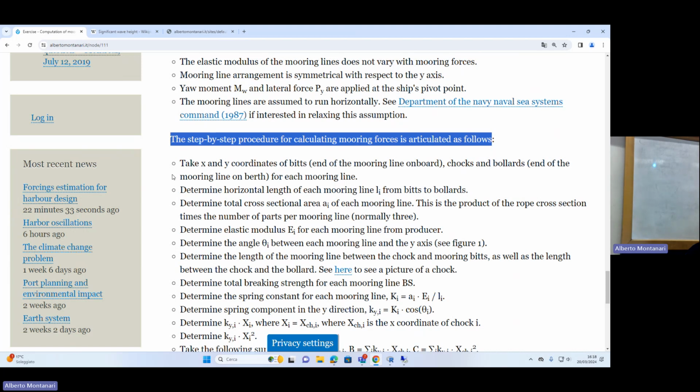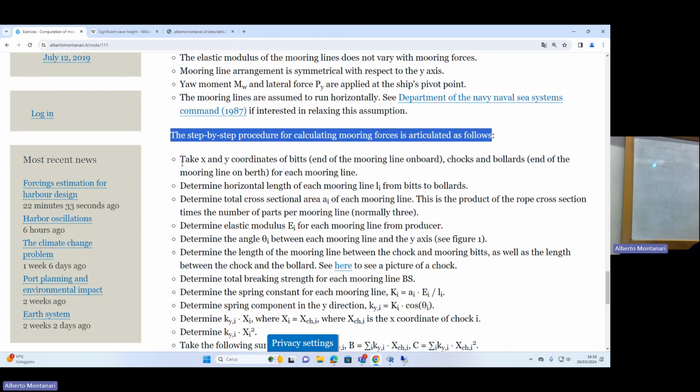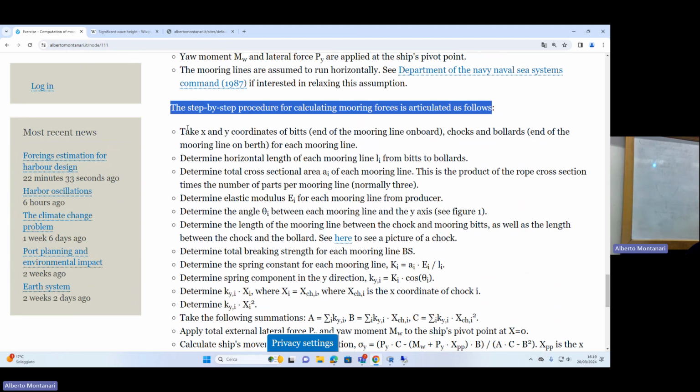As I told you, we are not interested in understanding the theory behind it. The theory is structural mechanics. We are just interested because we need to apply the relationships in what we have to do step by step.